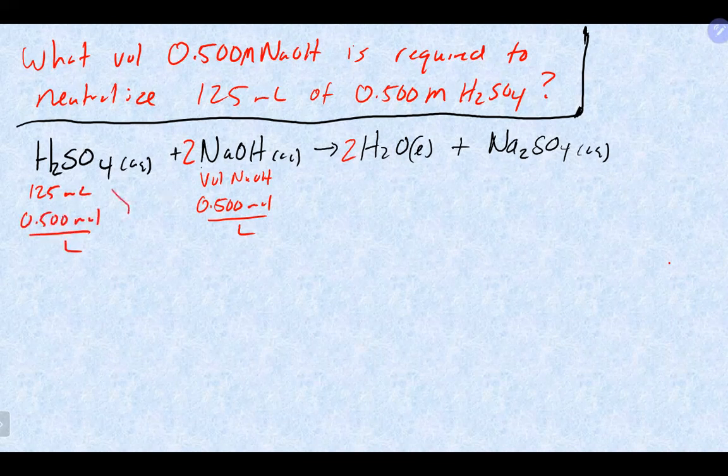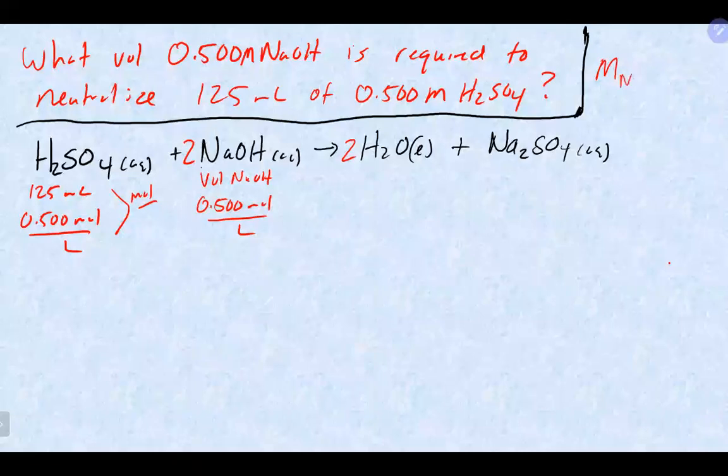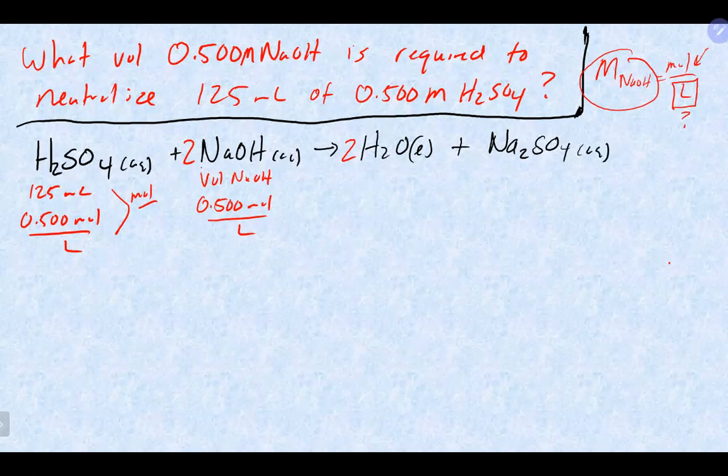Once again, we only really have the capability at this point to get to moles of that guy, which means it is just a basic stoichiometry problem. Much like the previous one, we're going to use our molarity for our sodium hydroxide to calculate what we need, our moles per liter. So we have the molarity given to us. This is what we're looking for. So we're going to use the stoichiometry here to get the moles of sodium hydroxide.